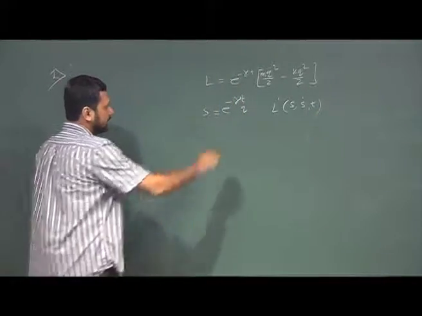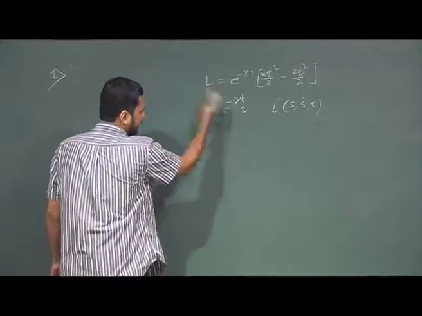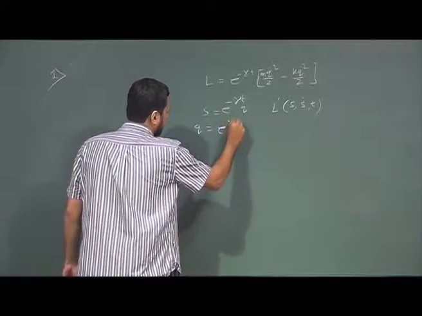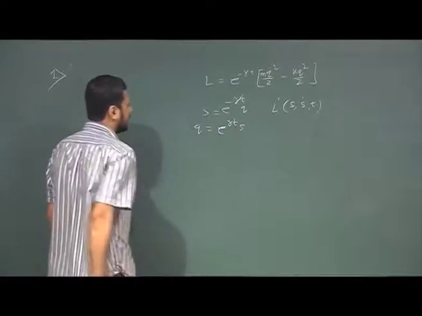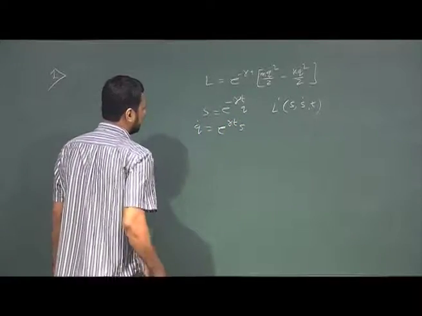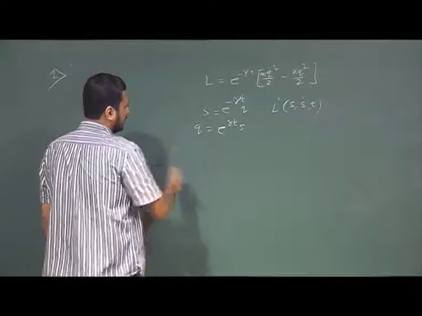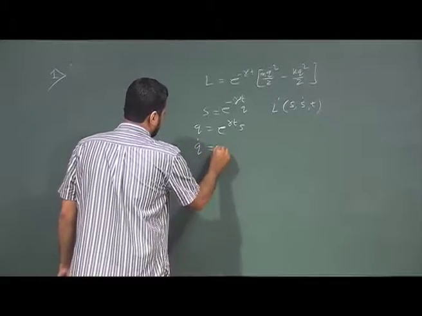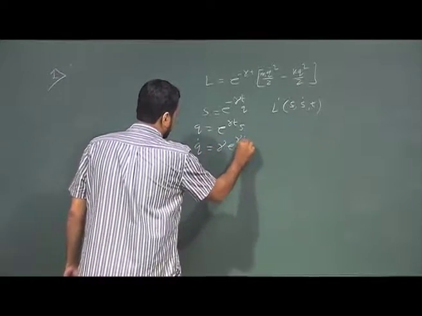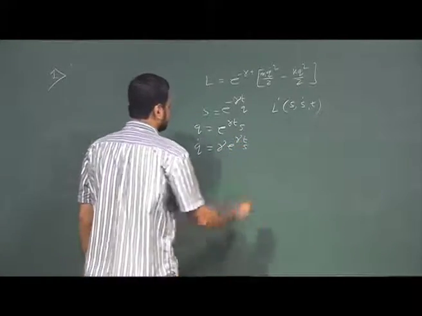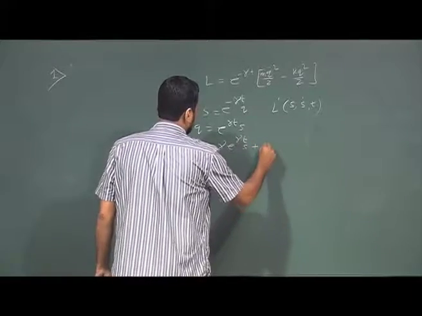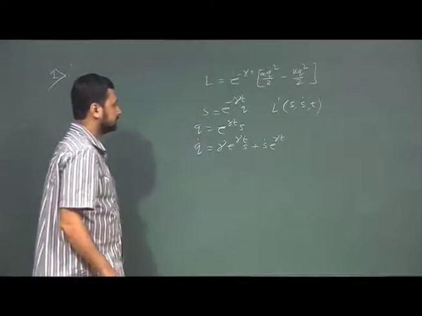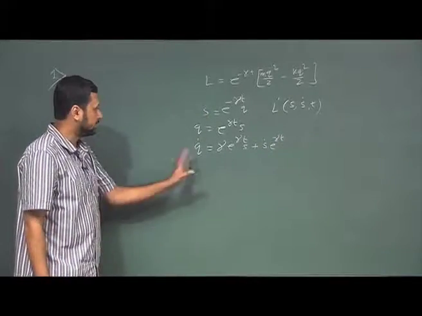We start by writing this equation and taking e to the power gamma t to this side. So, q is e to the power gamma t S, and q dot will be gamma e to the power gamma t S plus S dot e to the power gamma t. So, this is the derivative.